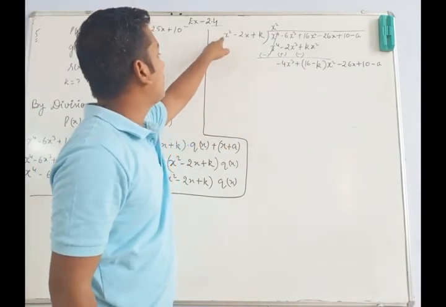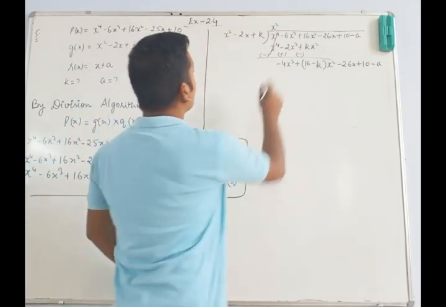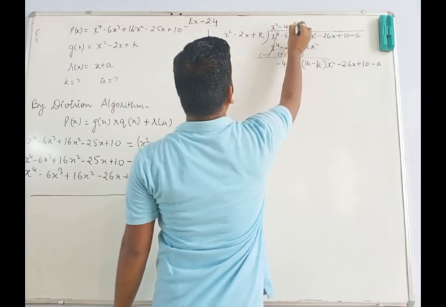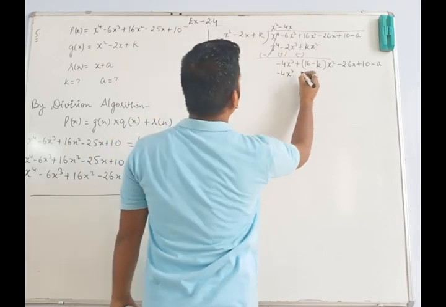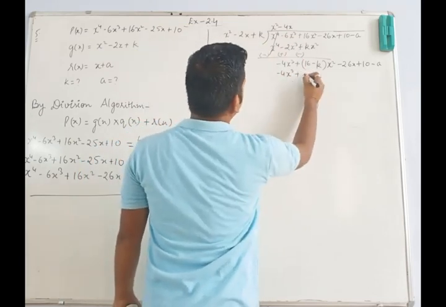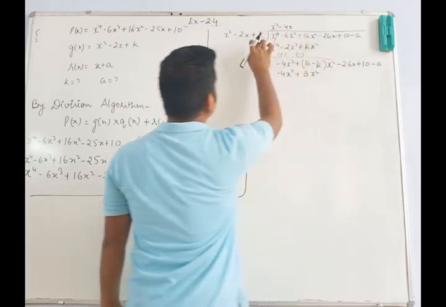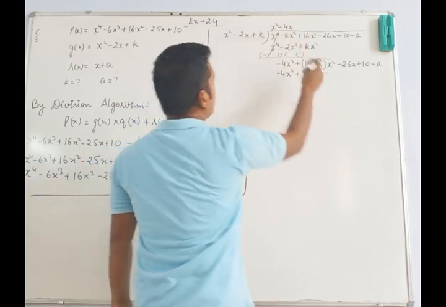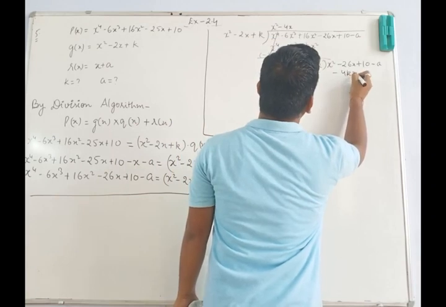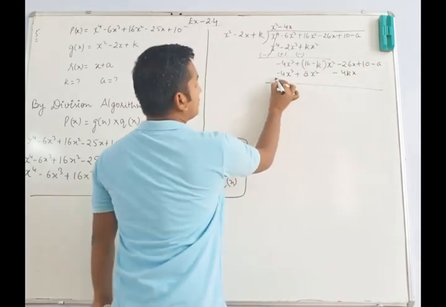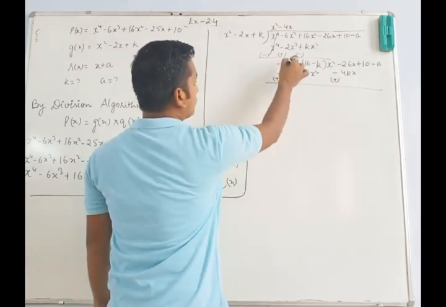Now we have to eliminate this one term. With minus 4x, if I multiply by x square, I will get minus 4x cube. And minus 4x times minus 2x will give you 8x square, and minus 4x times k will give you minus 4kx. The minus 4x cube terms will get cancelled out.